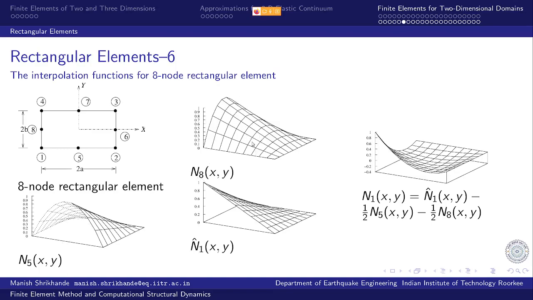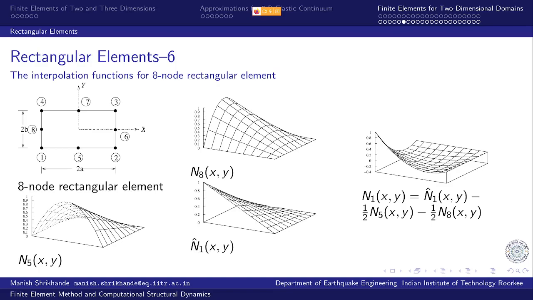the node 8, right? So when we subtract this, then this bilinear surface that is given by Lagrangian interpolation in x multiplied by Lagrangian interpolation in y, one dimensional Lagrangian interpolation, this bilinear is dragged down by these two quadratic functions to give this quadratic surface, which satisfies all the requirements of interpolation function.